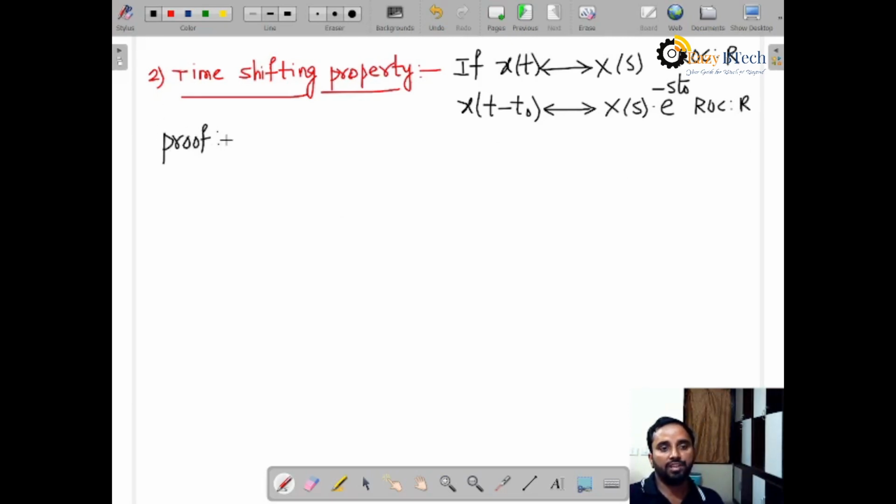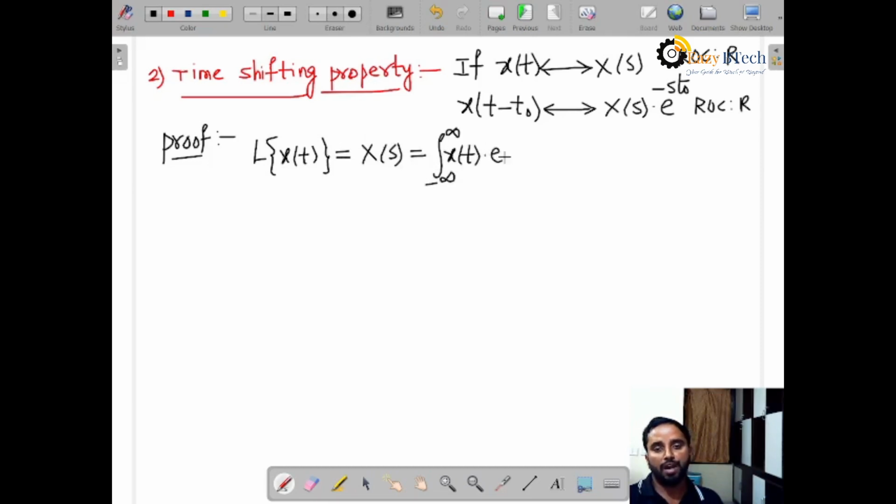The proof is the same Laplace transform formula. First we take Laplace transform of x of t is x of s, which is equal to integral minus infinite plus infinite x of t e to the power minus st dt. Right? Let's have x of t minus t naught Laplace transform.